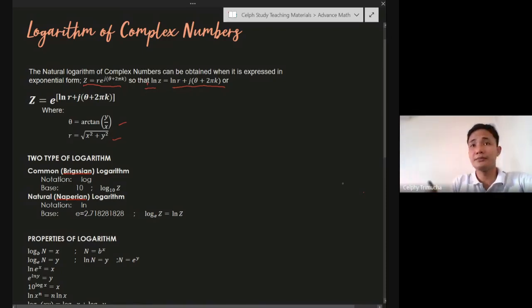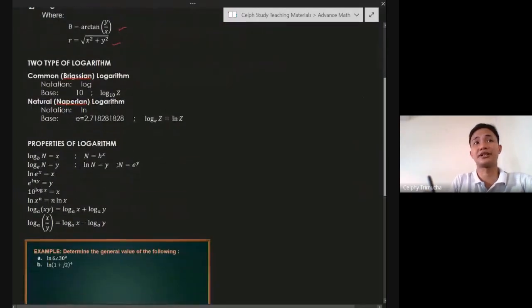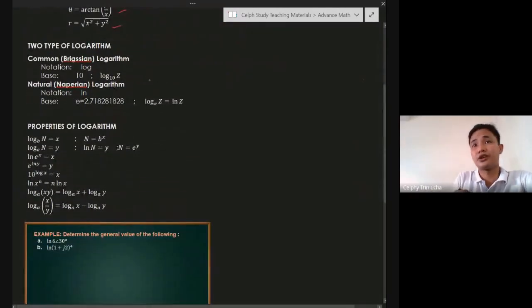So basically, originally we consider two types of logarithm. We have the common logarithm, which is also referred to or called the Briggsian logarithm. Its base is base 10, or log to the base 10 of any number or term.